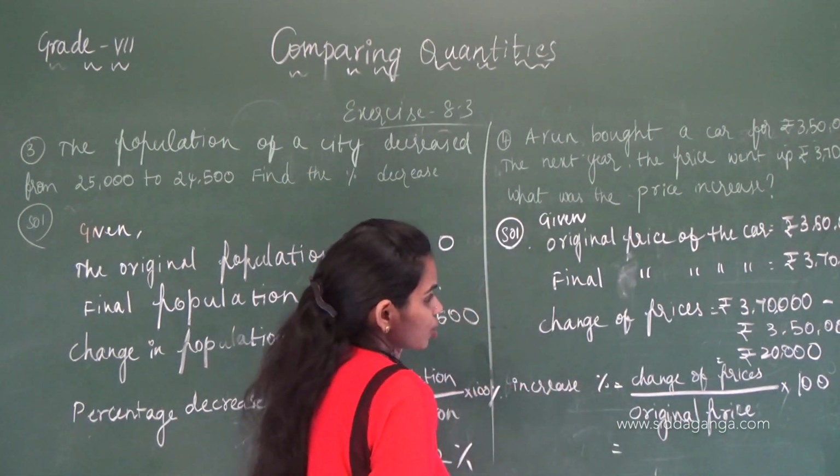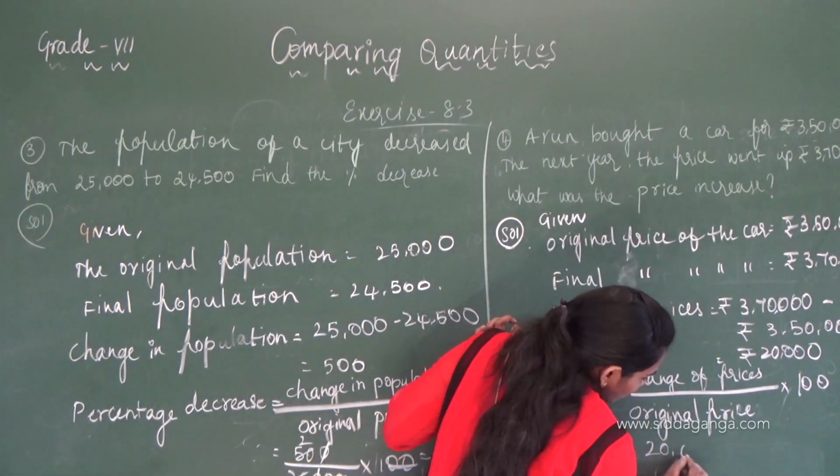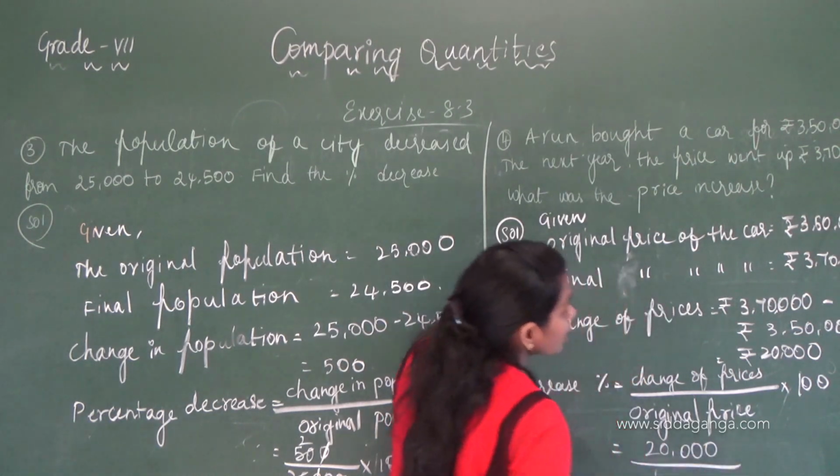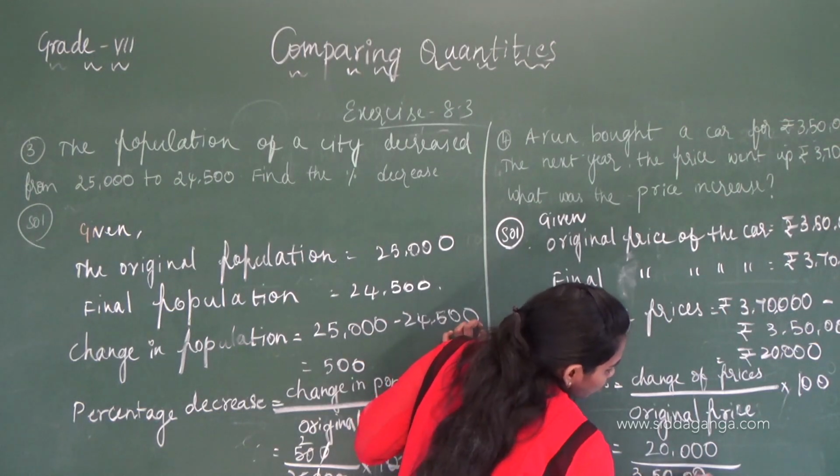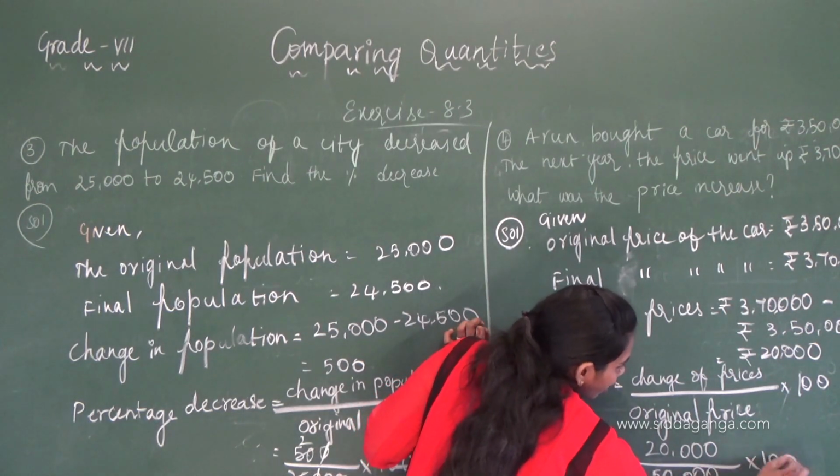What is the change? 20,000, divided by the original price, 3,50,000, into 100.